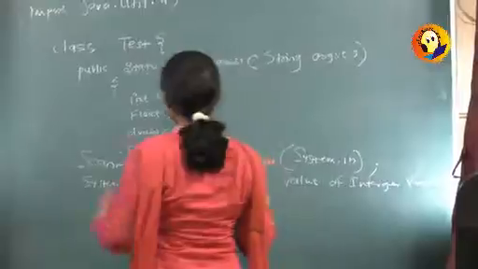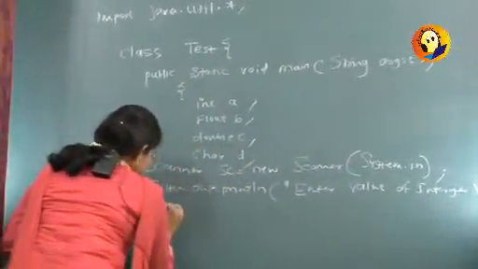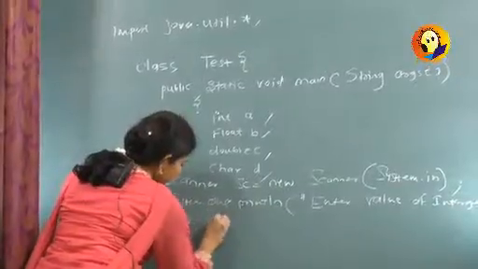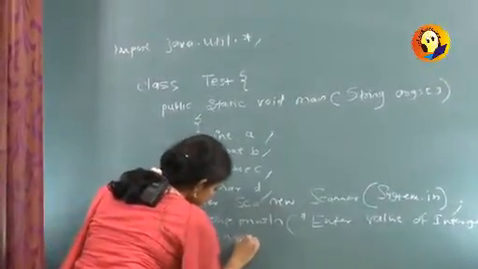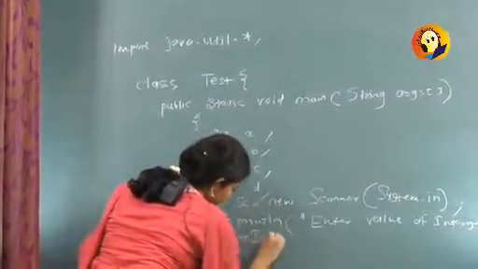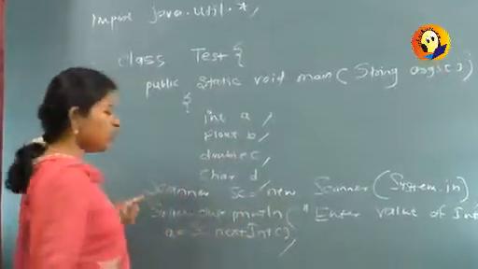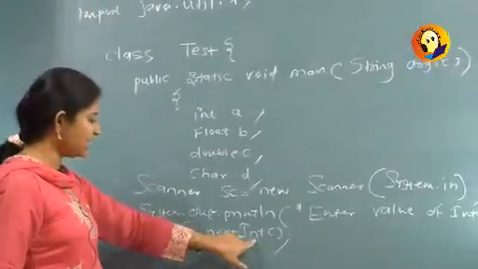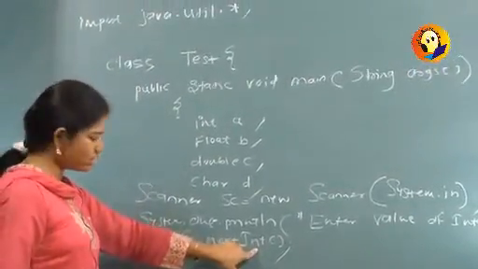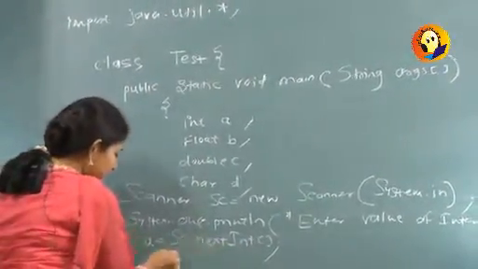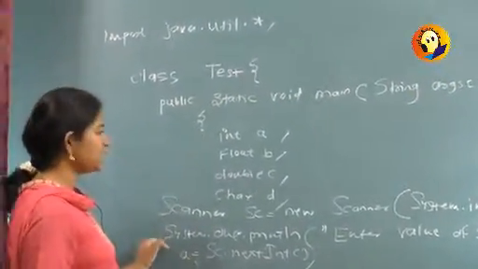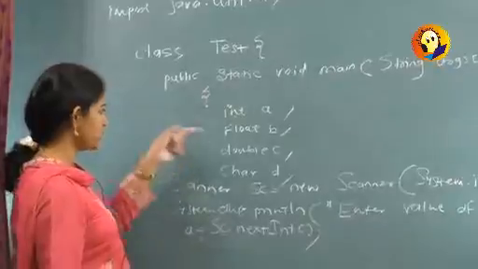For reading that value I need to save it into a variable. So a is equal to sc.nextInt. nextInt is a method of the Scanner class. With the help of the nextInt method, it will read one integer from the user and assign that value to the a variable. So in this way I can read an integer value from the user.